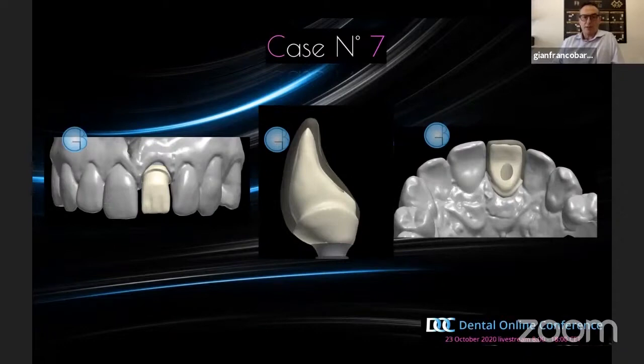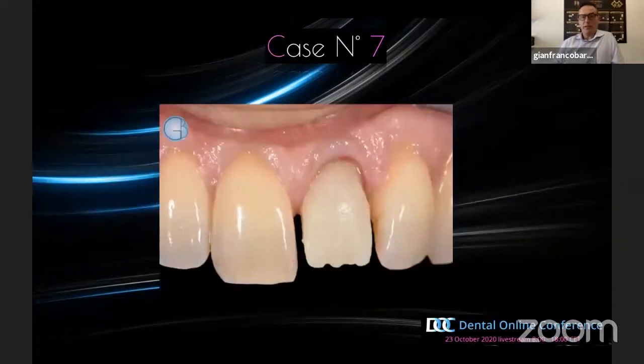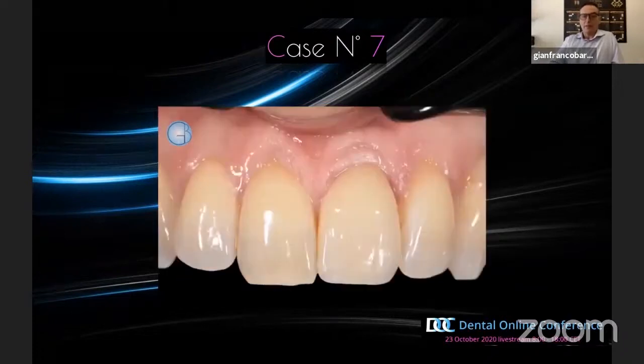At this point, we will receive a zirconia core that we can put as a test in the mouth, reshape the contour, and start layering.